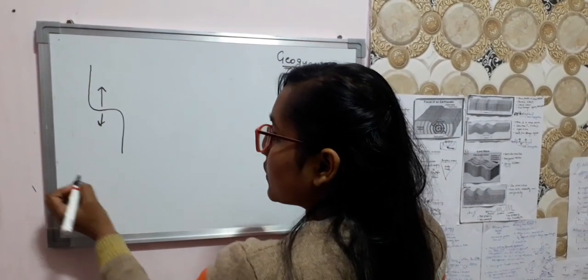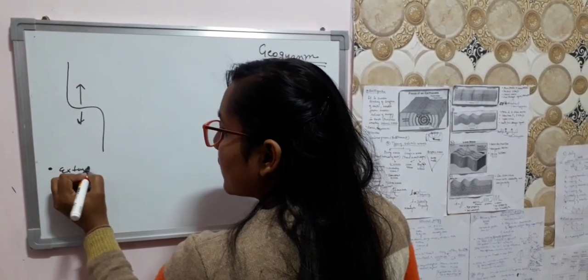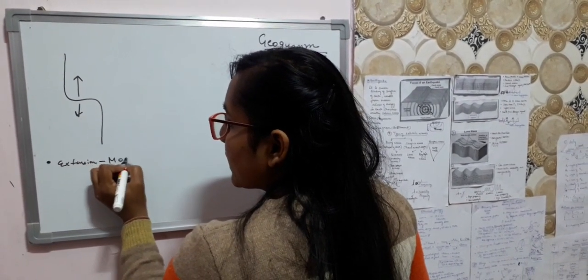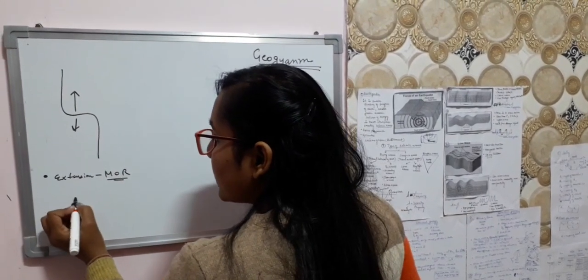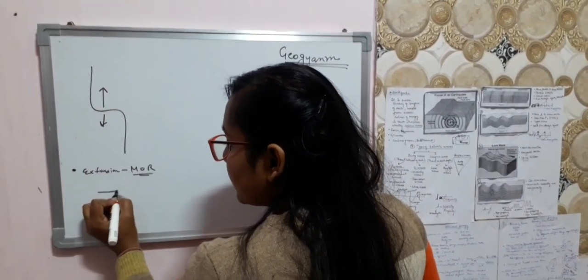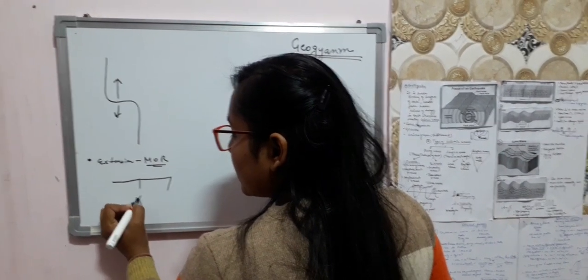And you also know that during the extension environment, mid-oceanic ridges form. And how do these form? Suppose these are the blocks and a plume is coming from beneath.